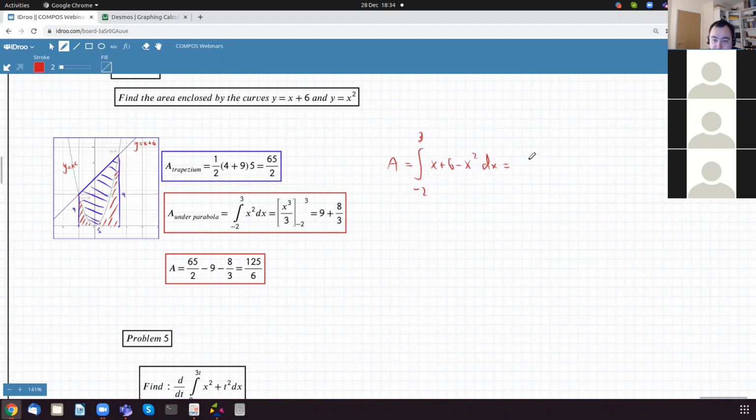This will give you x squared over 2 plus 6x minus x cubed over 3 between limits -2 and 3. And if I did my arithmetic correctly, this is also 125 over 6.